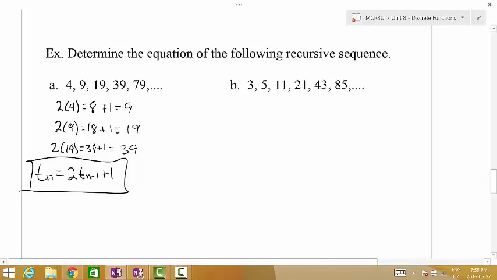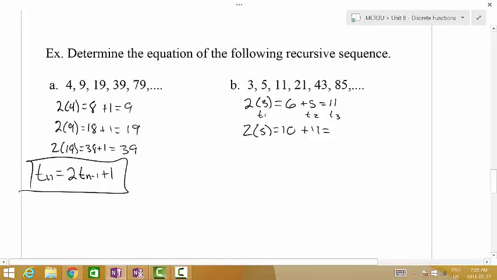So again, let's try. We're going to try 2 times 3, which gives us 6. Adding the next one, so plus 5, gives us 11. So that was T1. That was T2. Gives us T3. Might work. Let's try it again. 2 times 5 gives us 10.